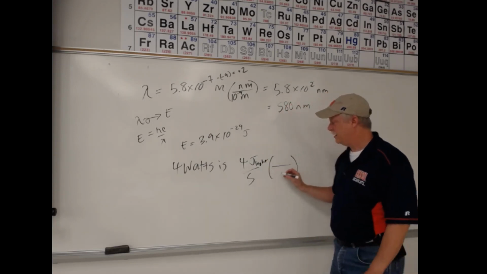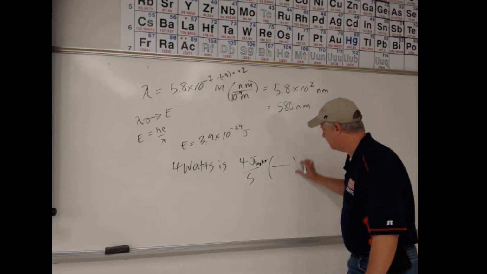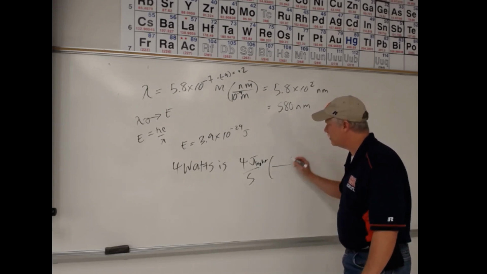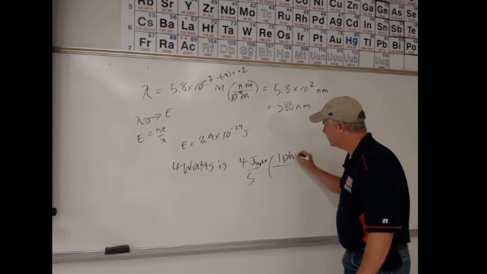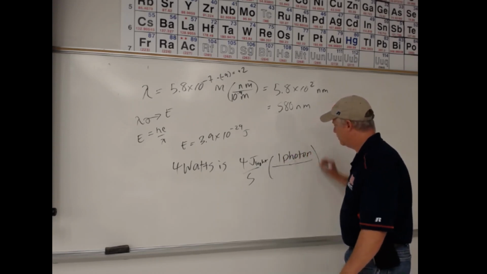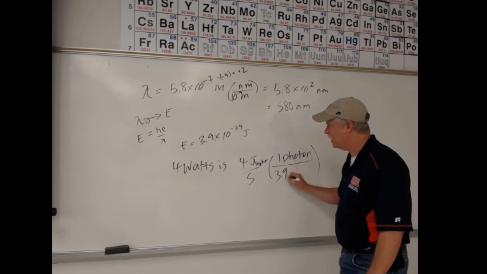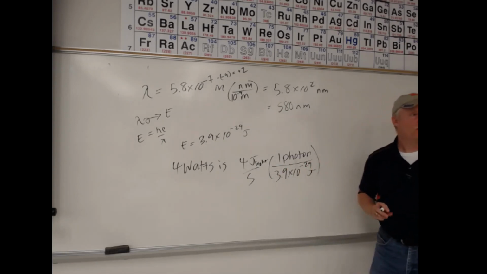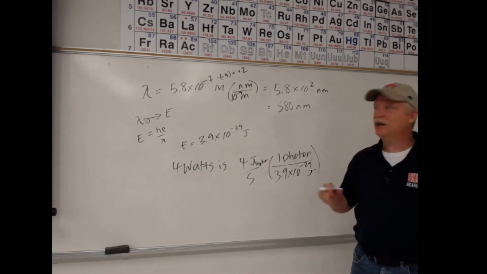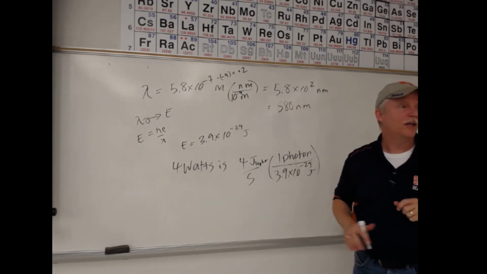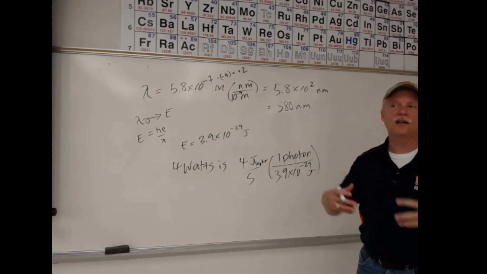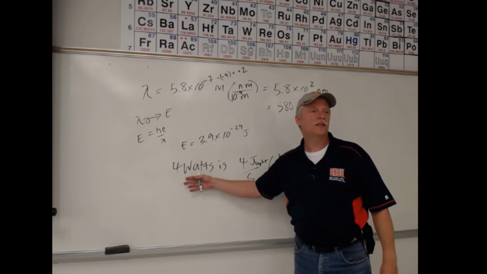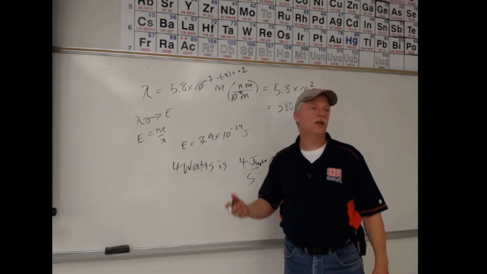Let me go ahead and write this out. One photon is 3.9 times 10 to the negative 29 joules, because that was the energy for one of those photons at 580 nanometers. And so this will tell us how many photons of that light would be needed to make up 4 watts. And it's an absolutely enormous number.